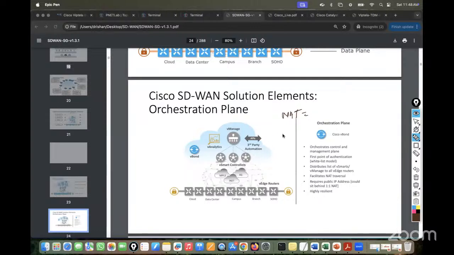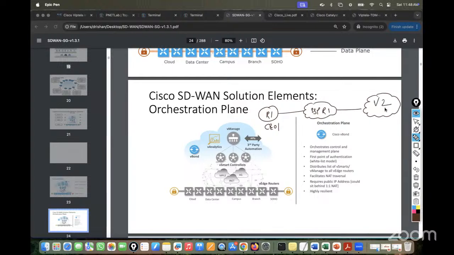But what is NAT traversal? Let me give an example. Let's suppose this is your router, and this is your customer router, C01. This is connected with the ISP router, ISP R1, and this is your ISP link.